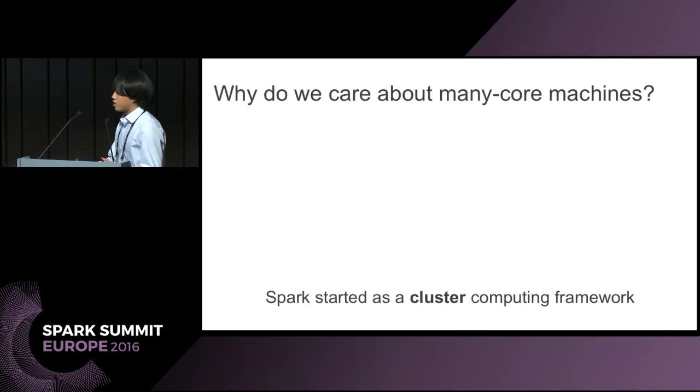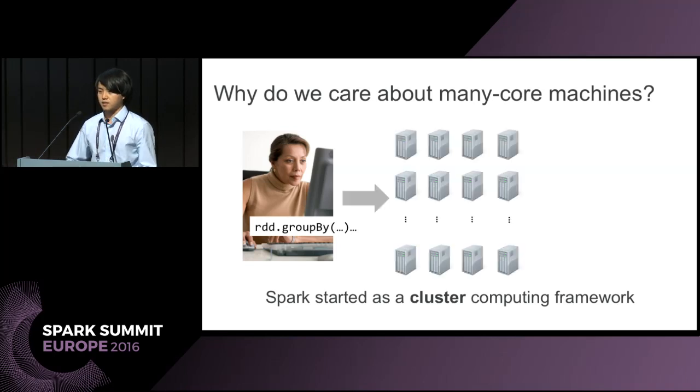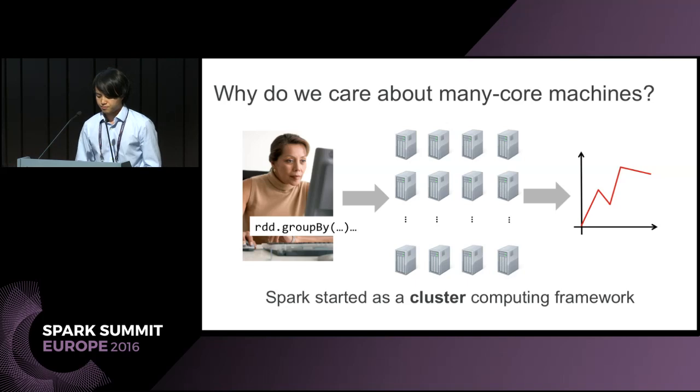As we all know, in 2009, Spark started as a research project in MPlab, focused on cluster computing frameworks. What that means is basically, for example, you have an analyst who types these magical RDD commands. What happens is that Spark takes the command and runs it on hundreds or thousands of machines and magically gives back the results.